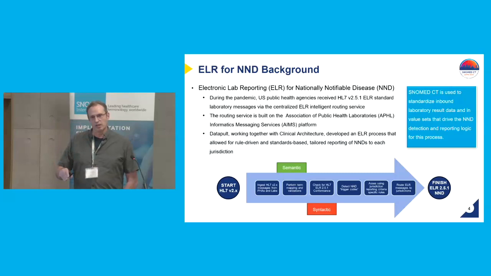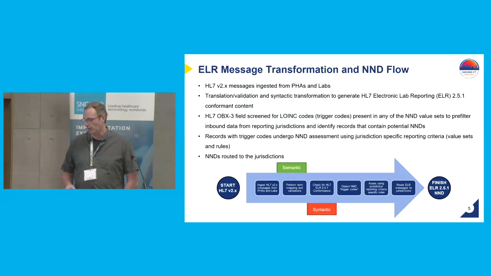It took inbound HL7 2.x, uplifted it to ELR compliant 251 messages, and then applied first some filtering logic to identify messages that might contain NNDs, and then customized the reporting and detection rules to send those NNDs on to jurisdictions. I'm going to talk about that more here in these upcoming slides.